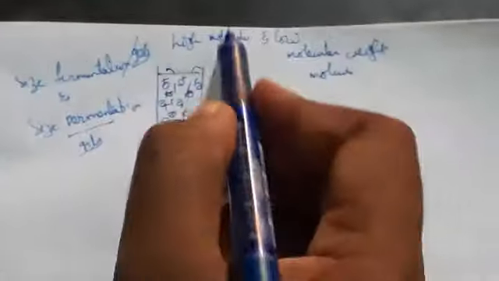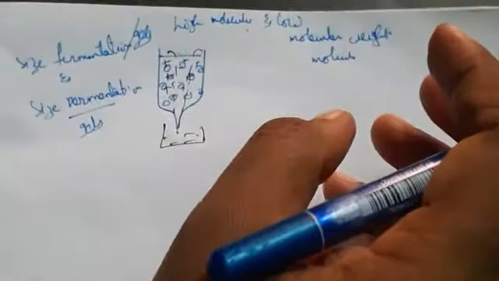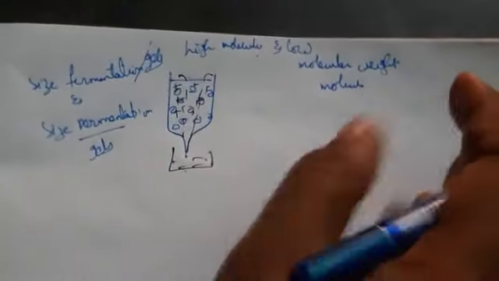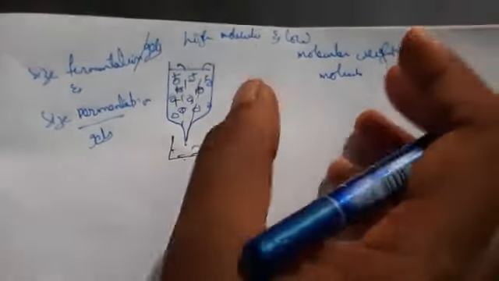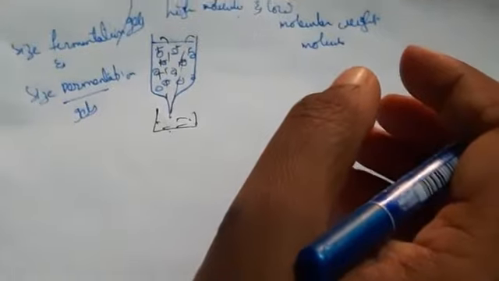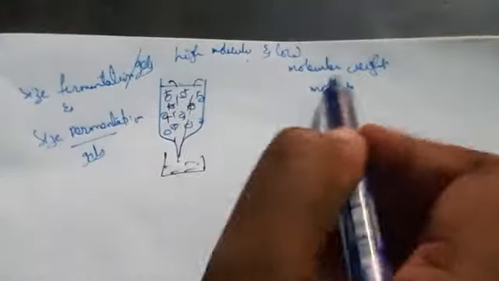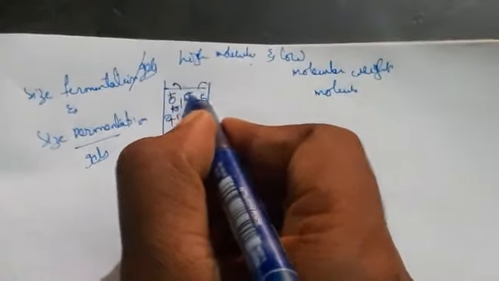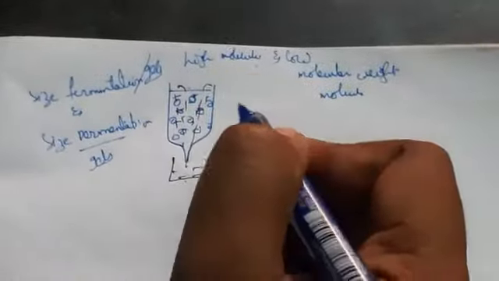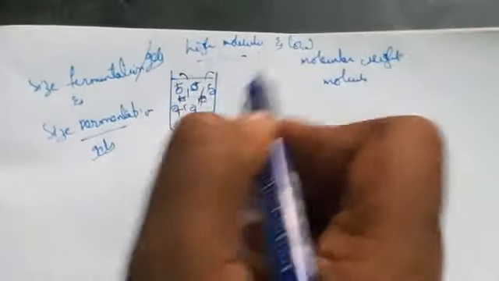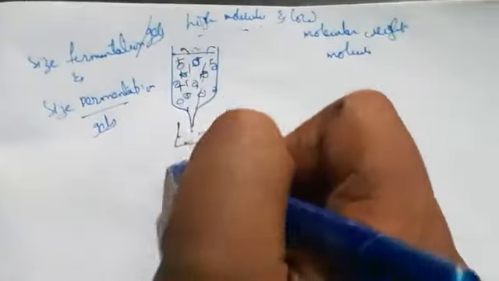You may have a doubt here: high molecular weight should not separate easily, and low molecular weight should separate easily, right? But here the molecules with very low weight stick to the stationary phase, the solid, and the high molecular weight molecules cannot stick. Because the molecular weight is high, they can easily separate.